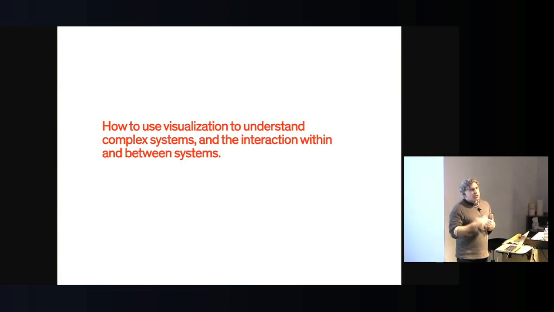In addition to trying to represent complicated data, that data is part of a more complicated system, and the whole point of representing data oftentimes is to model these systems. And I think an exciting area of data visualization is not only modeling the systems, but modeling how those systems interact with each other, maybe at different scales.